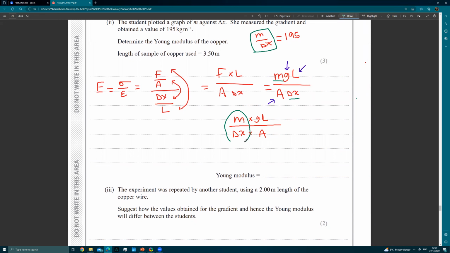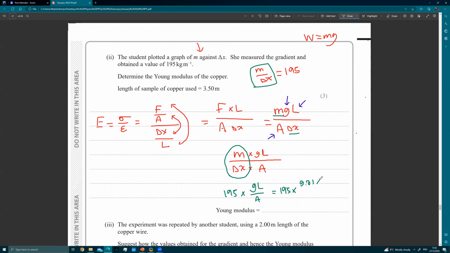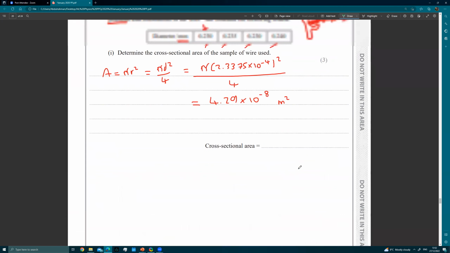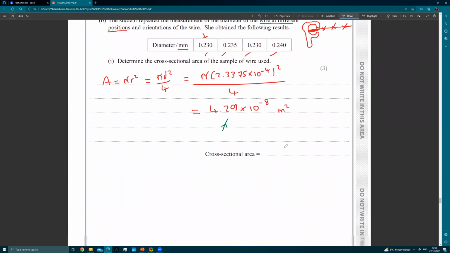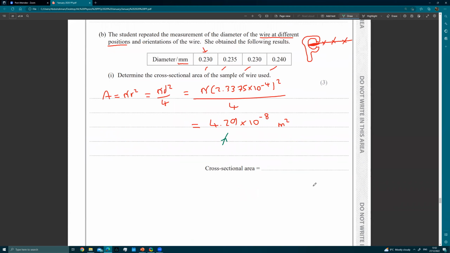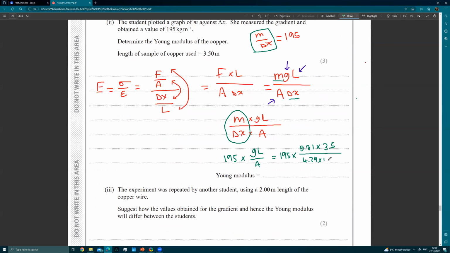So this is the same as 195 multiplied by gL over A. Just checking, I don't have to convert any units. Okay, no. 9.81 multiplied by the length, which is 3.5, over the area, which we worked out in the previous question. I'd try to use the unrounded value, but I lost that value, so I'm just going to write 4.29 times 10 to the minus 8. Give me 10 seconds. Put this in my calculator.